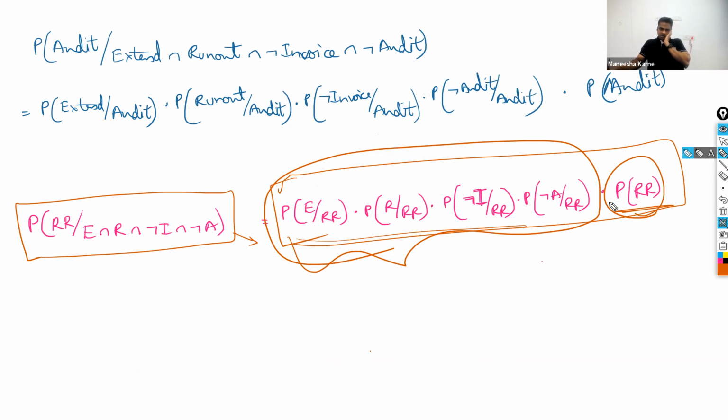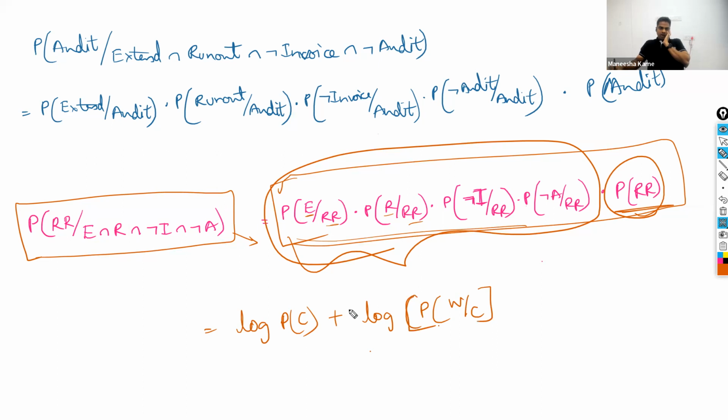So this would be written as log of probability of the class plus log of all these. Probability of word given class. Agree?